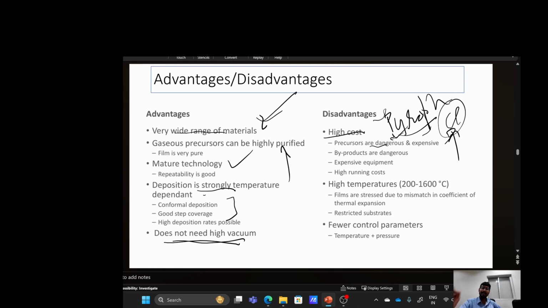These should be treated, so for that you need a scrubber unit at the exhaust point. This scrubber unit will treat these gases before they leave to the outer environment. So highly expensive instruments are used to run this. Okay, so this is the thing.